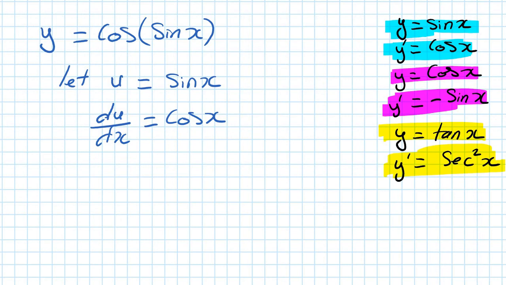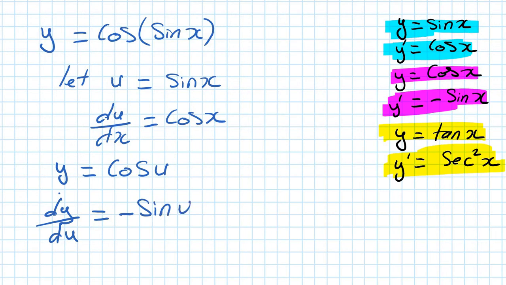And then y must equal cos of sine x. Sine x is u, so that means cos of u. There you go. Then you go du dx, dy du. Let me clear this first. dy du is equal to negative sine of u.